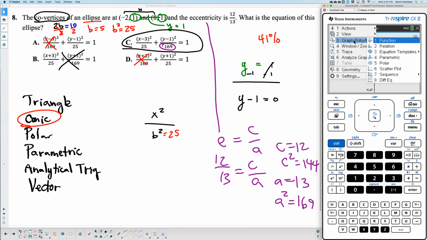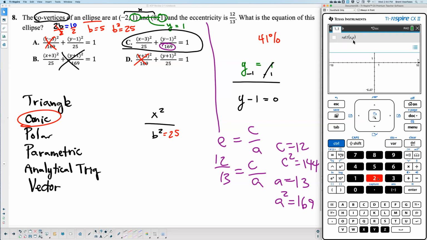Where would I type it in if it's only an x and a y variable? It's not a function. How about relation? You would graph it from here. And when you type it in, I gotta type it in first.